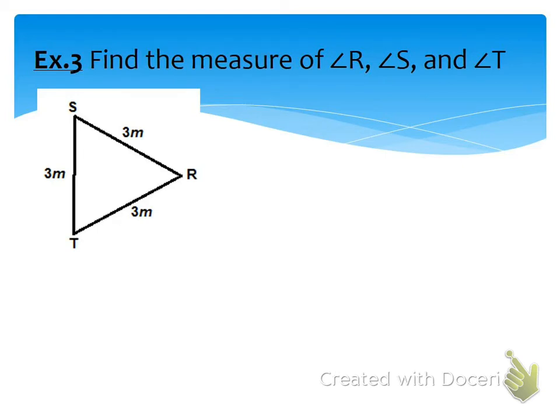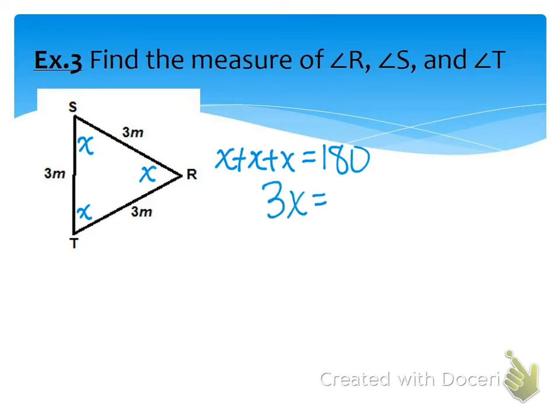Anybody figure out what they are? 60. If you're ever unsure, you could label them each with an X. And you could say, well, I know if I add all of them up, it should equal 180 degrees. And then you have yourself a pretty easy equation to solve.